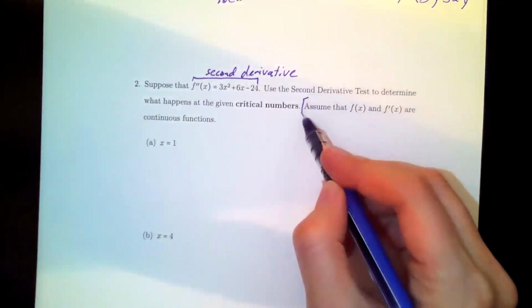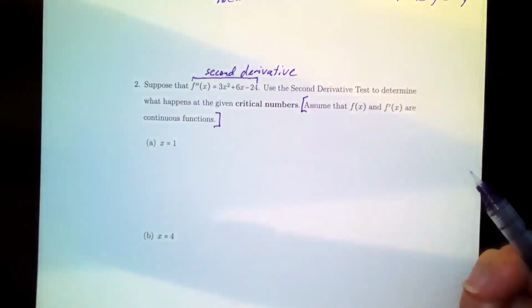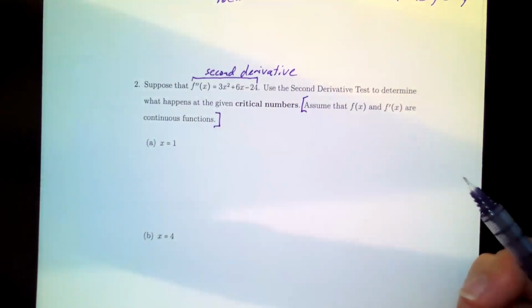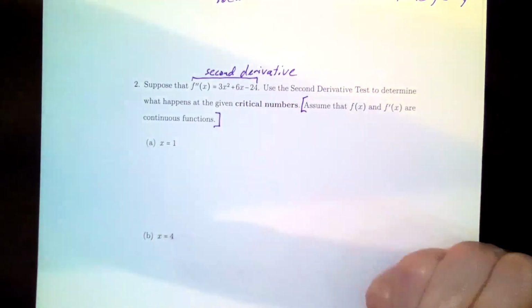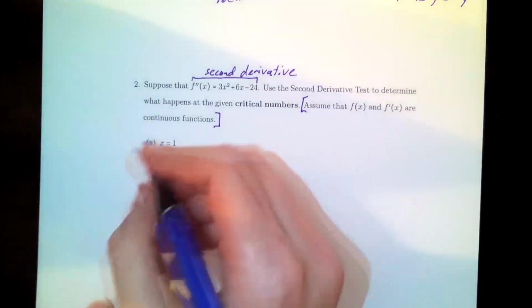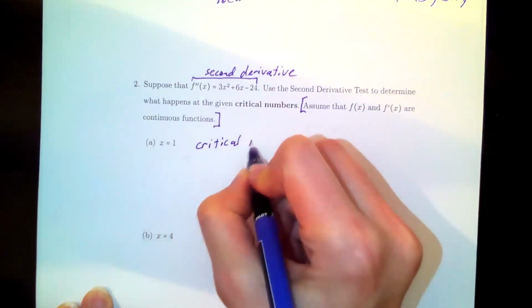This just means that we're going to assume that there are no domain restrictions, no hiccups or gaps or anything weird going on with my functions. Everything's going to play nice, in other words. If this is my second derivative, and they're giving me critical numbers down here, they want me to test them.